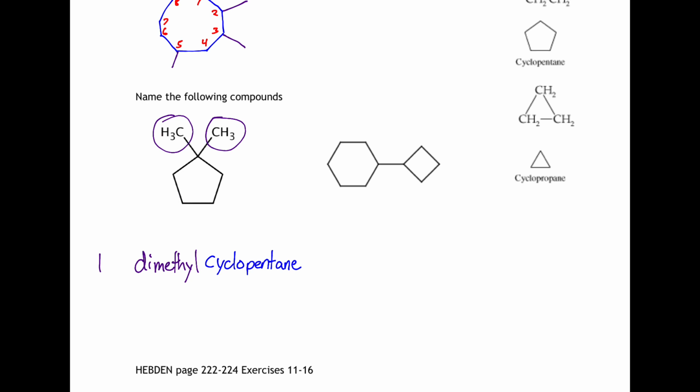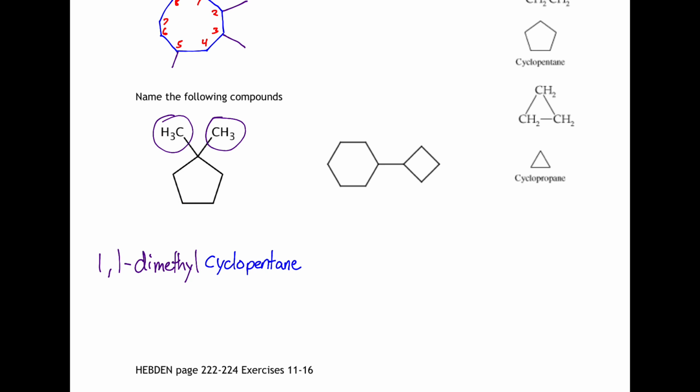So this is going to be 1,1-dimethylcyclopentane. It's basically saying 2 methyl groups on the same carbon of a circle of 5 carbons. That's what the name fully means.